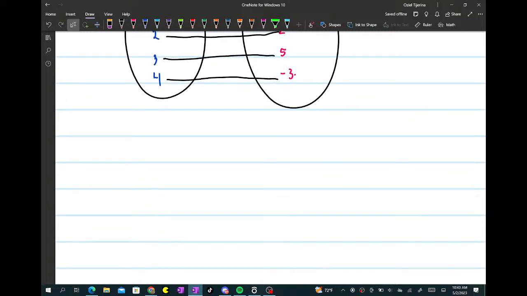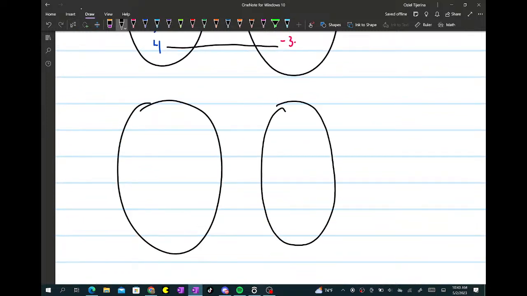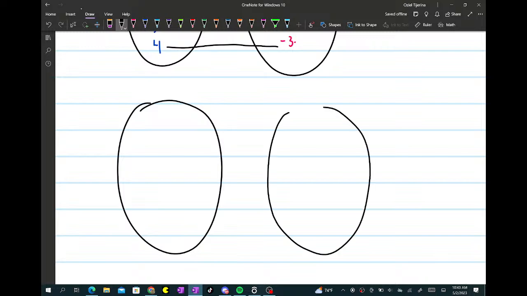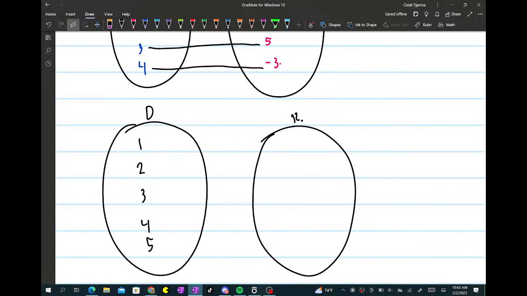Another thing is that if we have a domain and range, a list of numbers for a domain and range, let's say 1, 2, 3, 4, 5, and let's just say there's 6, -2, 4, -7, and 9.